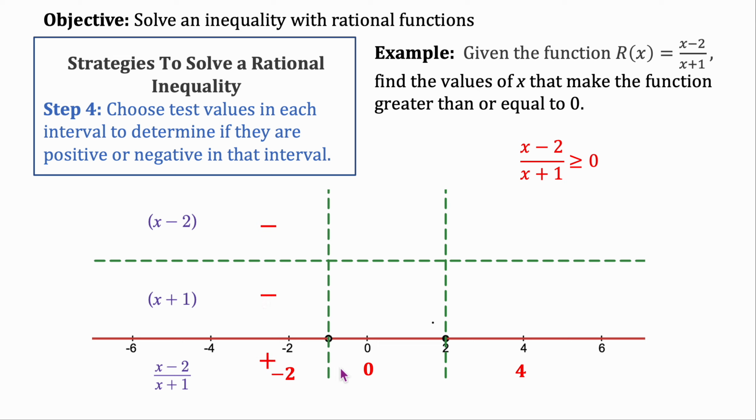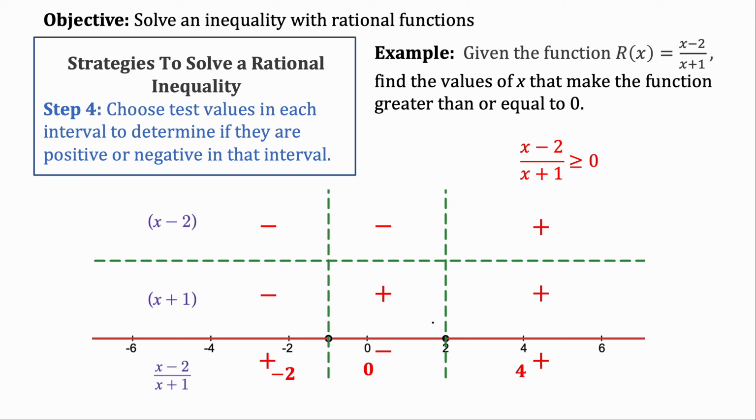Now let's do the same thing for 0. If I plug 0 into this one, I get negative 2, so that's a negative. If I plug 0 in here, I get a positive. A negative divided by a positive is a negative. And then let's look at this last region. Something bigger than 2 is what we have to plug in. We decided on 4. 4 minus 2 is a positive number. 4 plus 1 is a positive number. A positive divided by a positive is a positive.